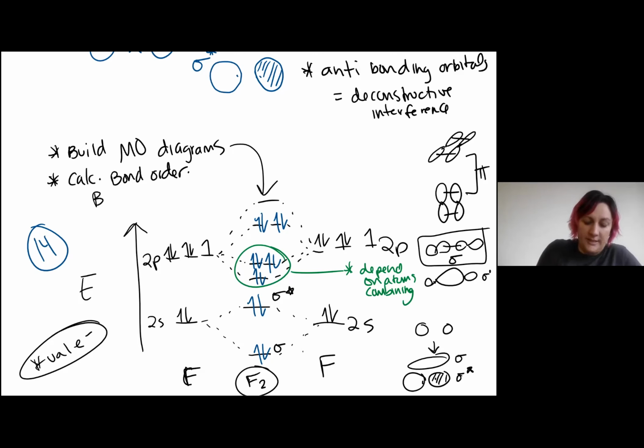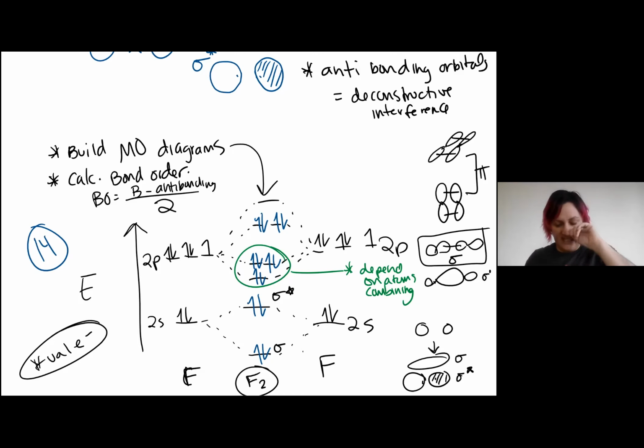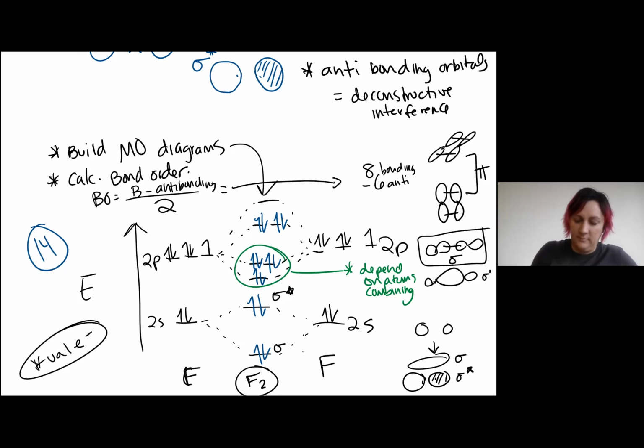The bond order is equal to the number of bonding electrons minus anti-bonding electrons, divided by 2. In this case, we've got 1, 2, 3, 4, 5, 6, 7, 8 bonding electrons minus 1, 2, 3, 4, 5, 6 anti-bonding electrons. The anti-bonding ones are right here, the ones that are high up.